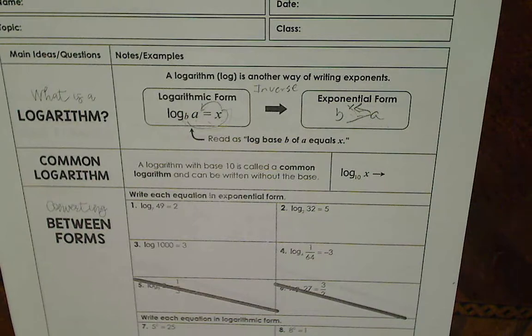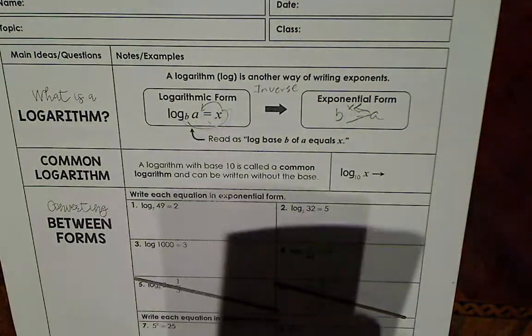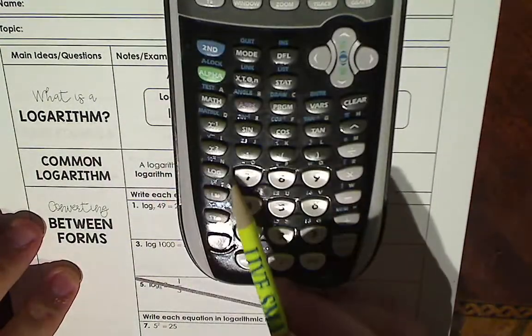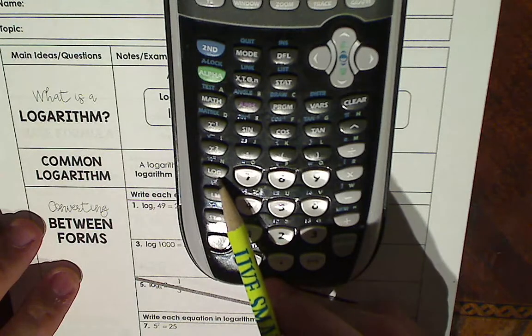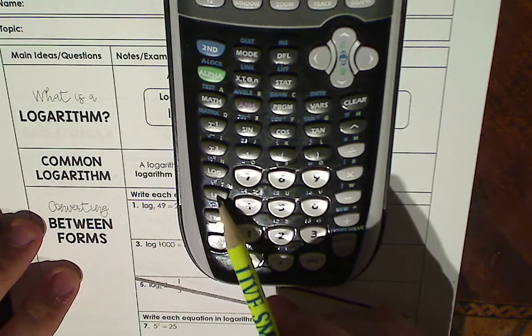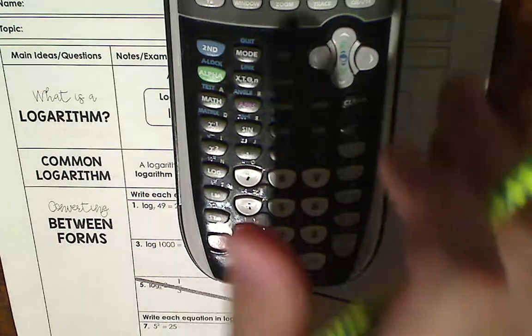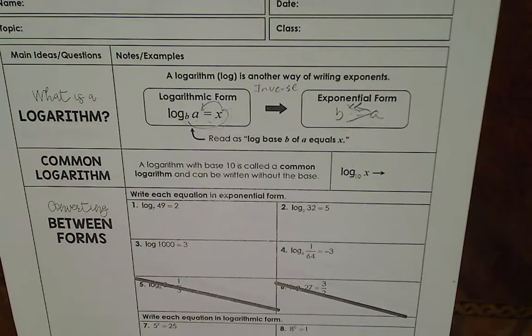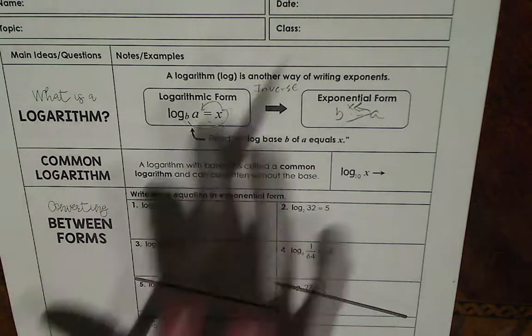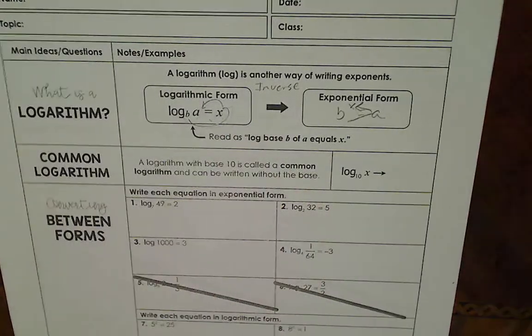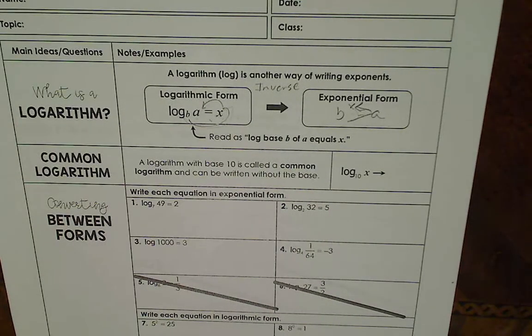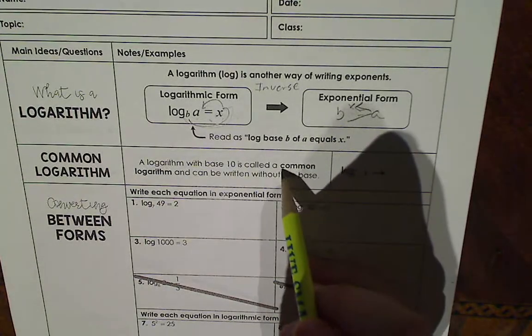What you're going to be using is this log button right here, and right below it is the ln, natural log button. That's the other one we'll be using in a second. I'm going to show you how to rewrite and convert, and then how to do something called change of base. First is the common log.